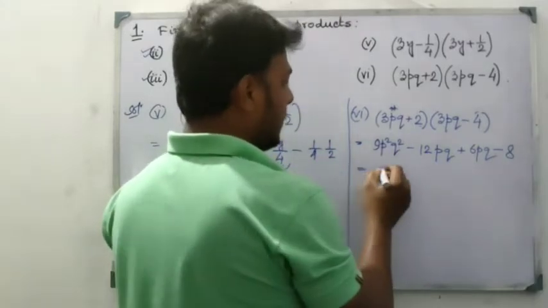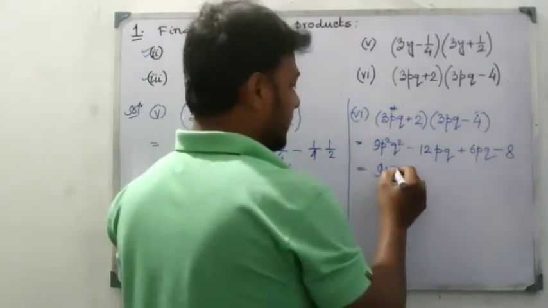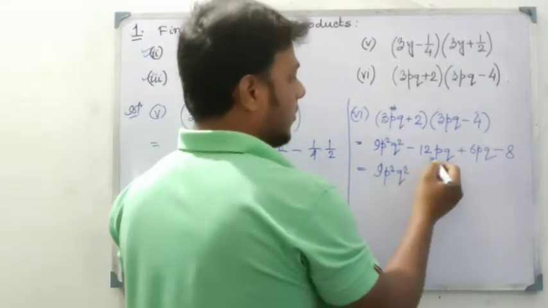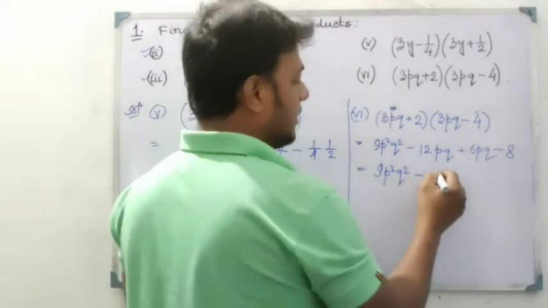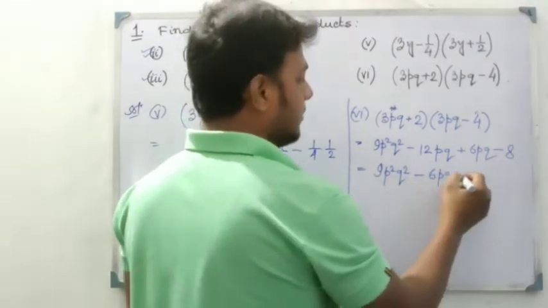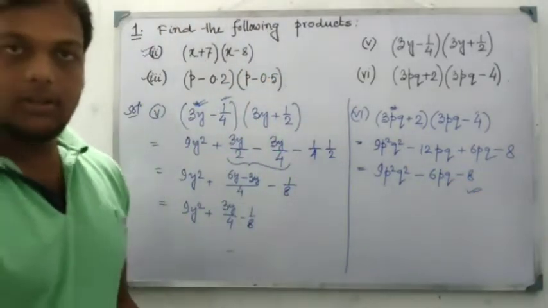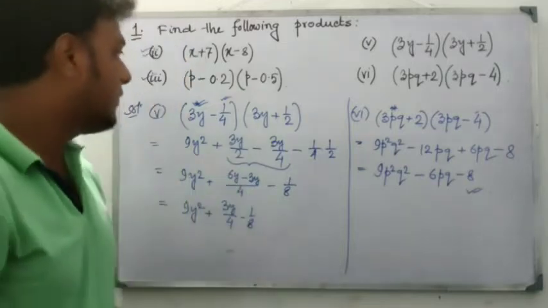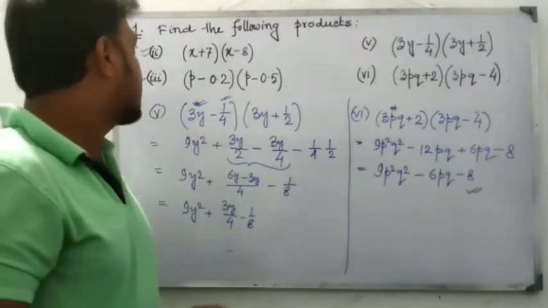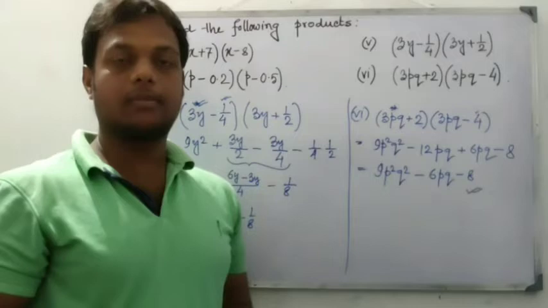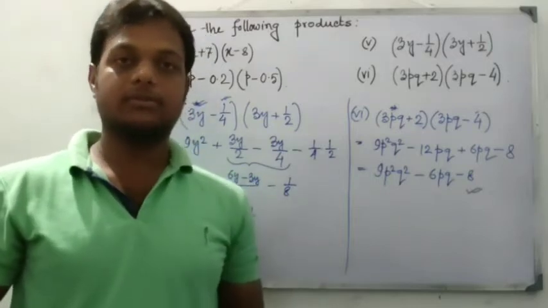Okay, now simplify. Then 9p square q square minus 12pq plus 6pq, that means minus 6pq minus 8. This completes the solution. Did you get it? Okay, rest all the problems from one series you have to solve by yourself.